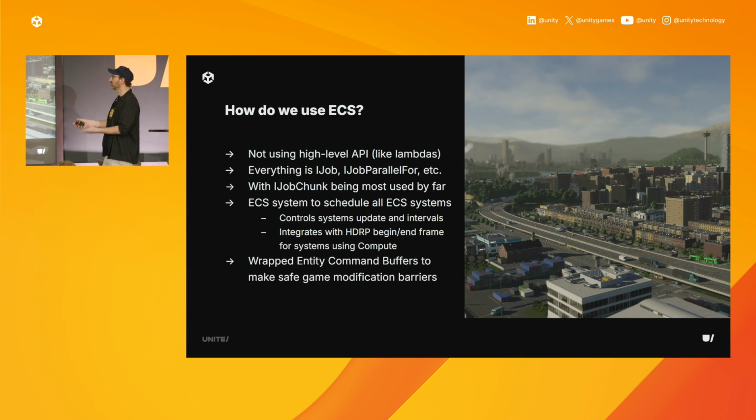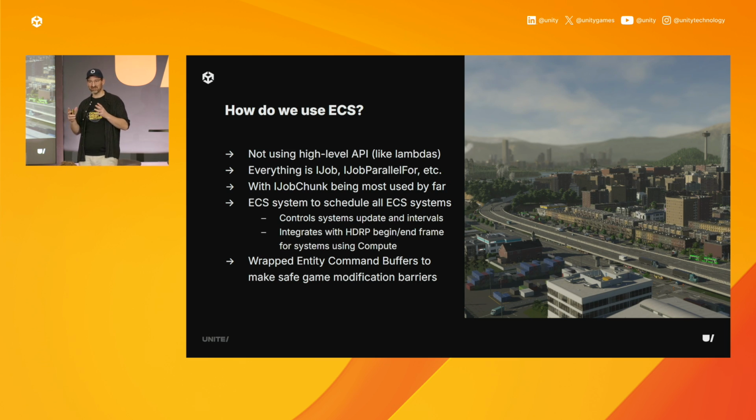So how did we put all this together, and how did we manage to work with ECS since it launched in preview, where the API was very light and very experimental? We did it by not using high-level APIs. All the lambdas and helpers that are super nice to use and reduce boilerplate are great when they are stable and don't change anymore.